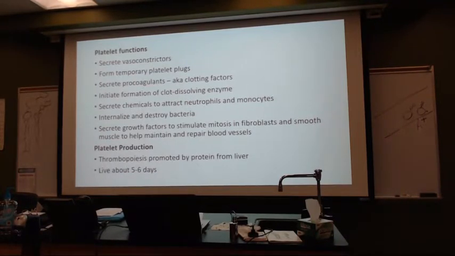If I have breached my body to the outside world, two of the biggest things I'm going to need to fight off, trying to invade me, are bacteria and viruses. So they actually give off chemicals that say, y'all need to get here quick. And that's what they do. They internalize and destroy bacteria because they have lysosomes.